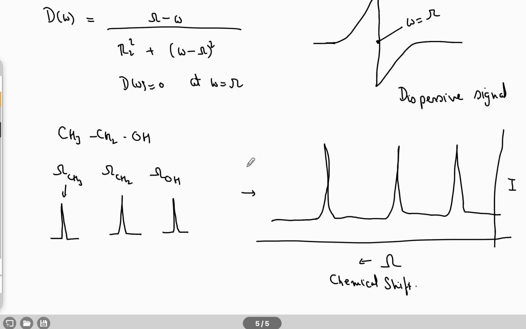Fourier transformation of that signal then gives you the information about the offset and the intensity, and of course the line width gives you the information about the R2 of each proton, right? So this is the familiar looking NMR spectrum, which you must be aware of if you have seen an NMR spectrum before.